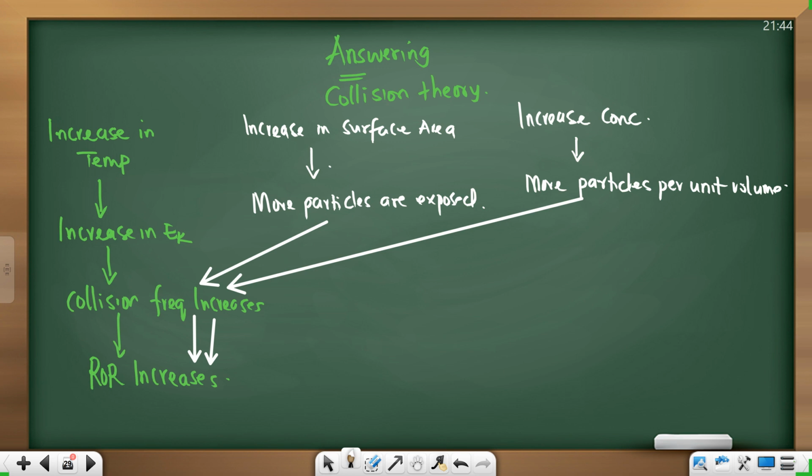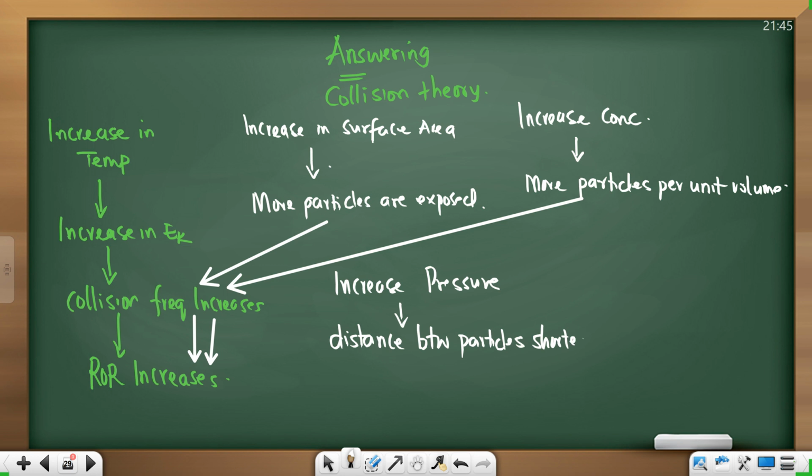What happens if we increase pressure? All right, the distance between particles becomes shorter. When that happens, collision frequency increases, rate of reaction increases. 1, 2, 3, 4.